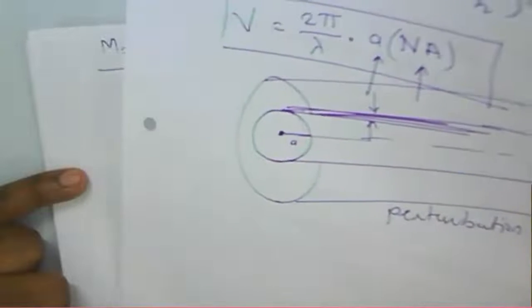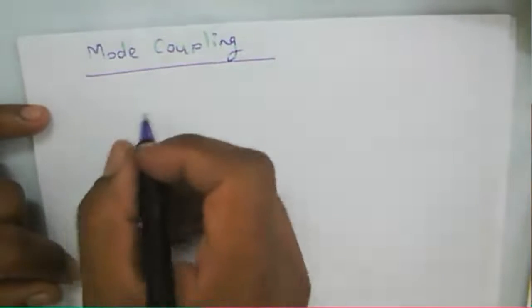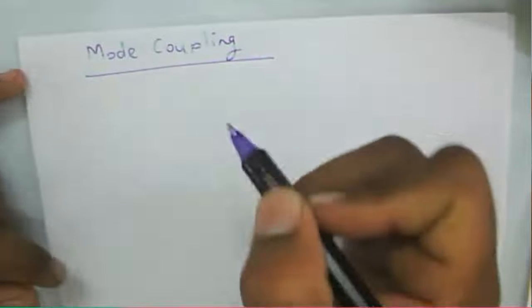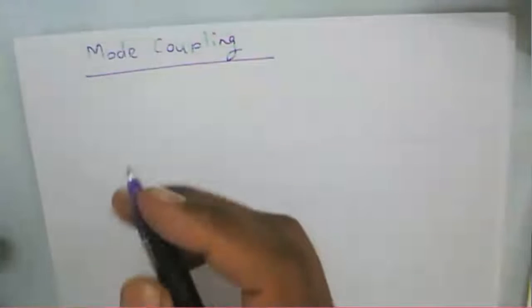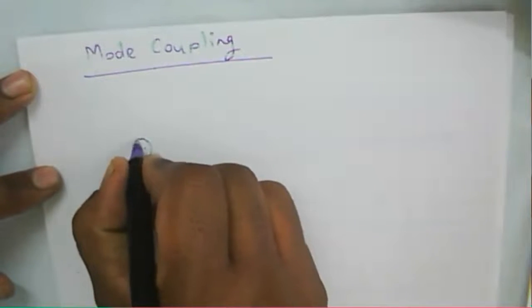Now, for a given fiber, if there is a change in the propagating mode of this light or rays, then in that case, what happens? That particular mode cannot be coupled, or there is a variation in the propagation, so that single individual mode cannot propagate through the fiber. So what is the meaning of this?